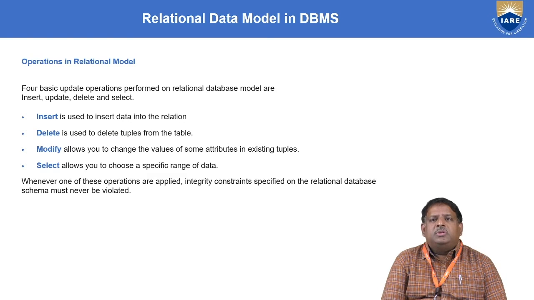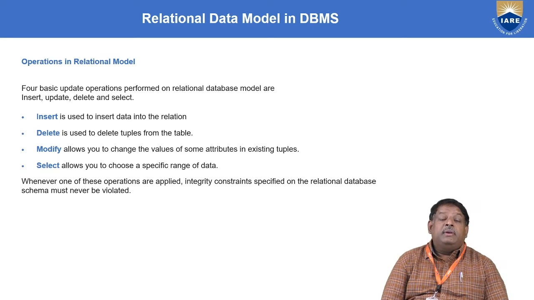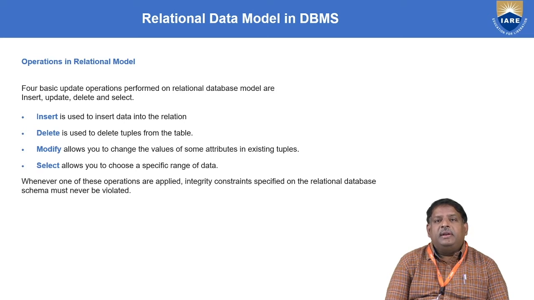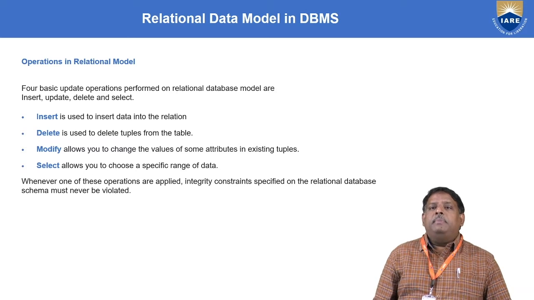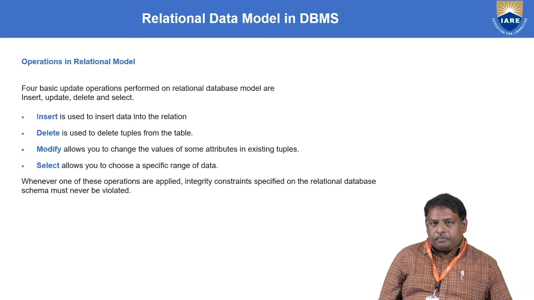Select allows you to choose a specific range of data. Whenever one of these operations, insert, delete, modify, and select, is applied, the integrity constraints specified on the relational database must never be violated. The integrity constraints on the table cannot be violated.